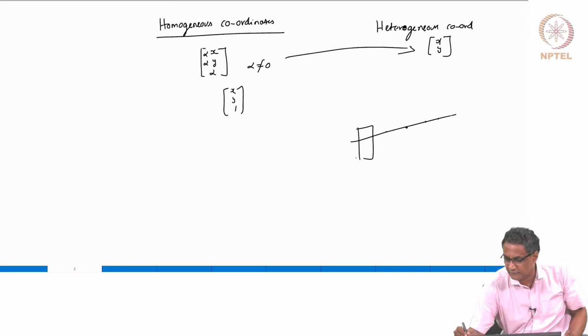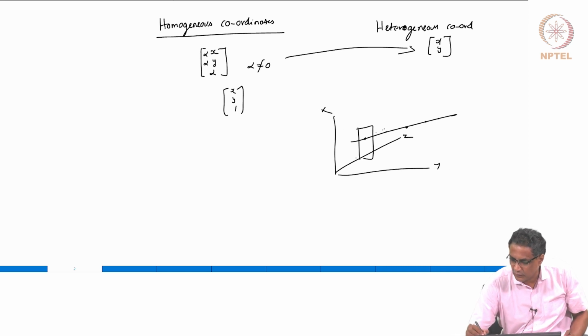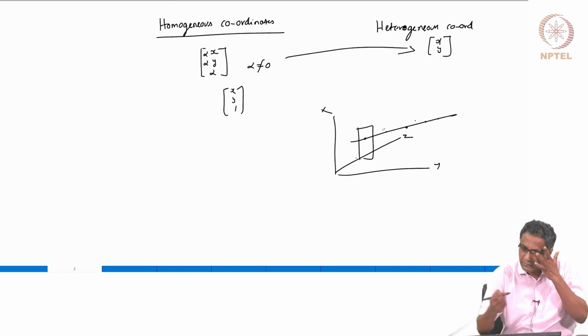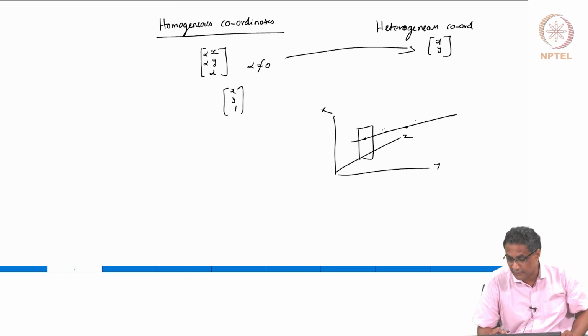It's like saying that if you travel on this line and project the points onto the plane, where this is your z, this x, this y, and this point is x y 1, then all the points on this line would map to the same x y comma 1.